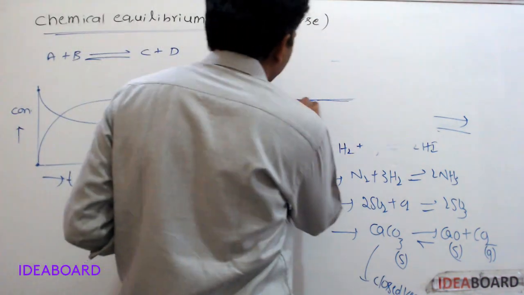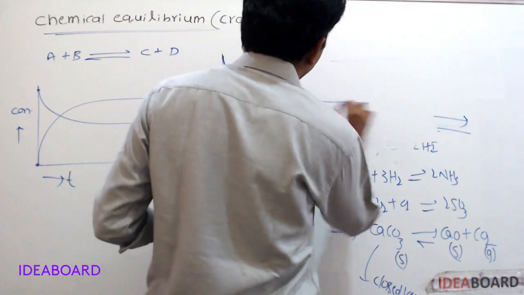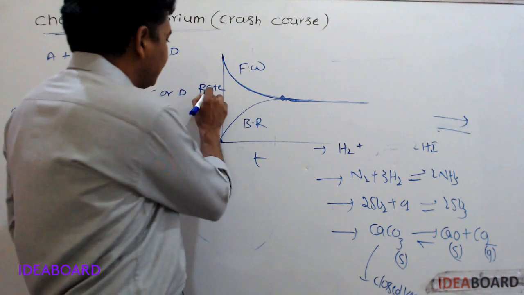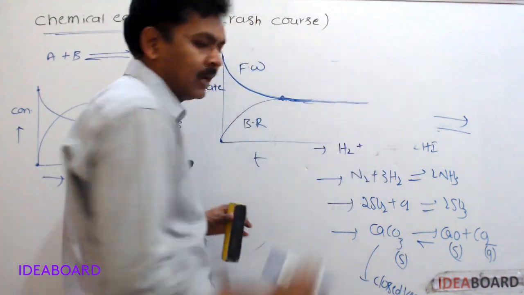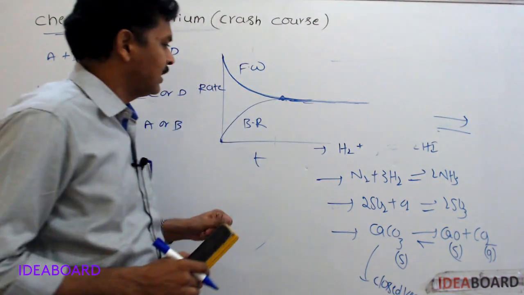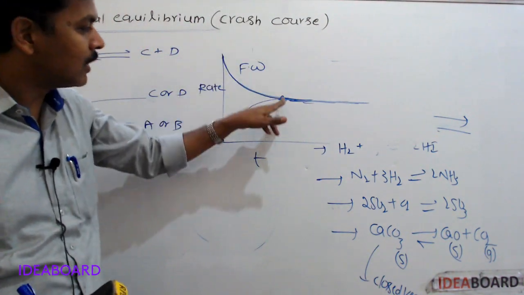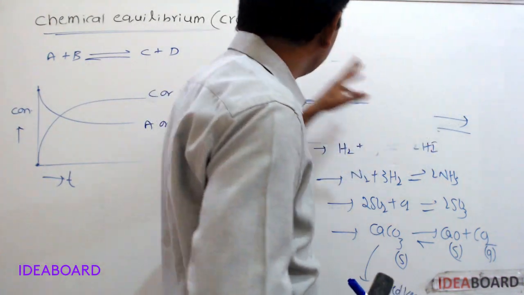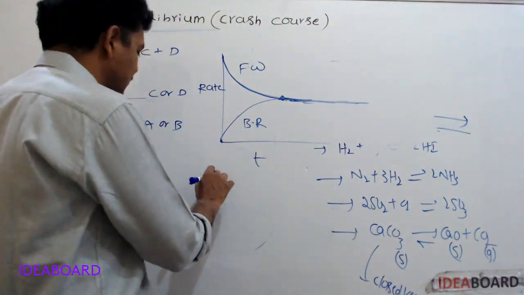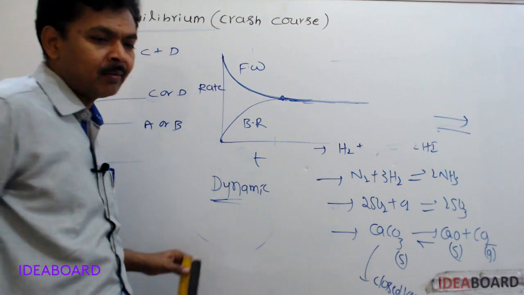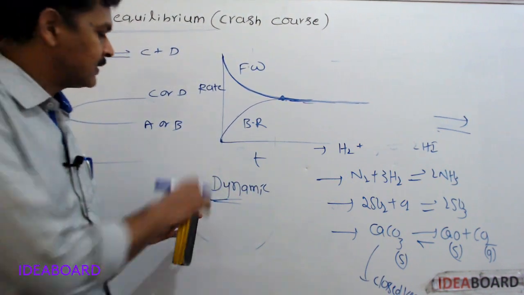Both the forward and backward reactions continue, but with equal rates. That's why the equilibrium state is called dynamic equilibrium. It has a dynamic nature.